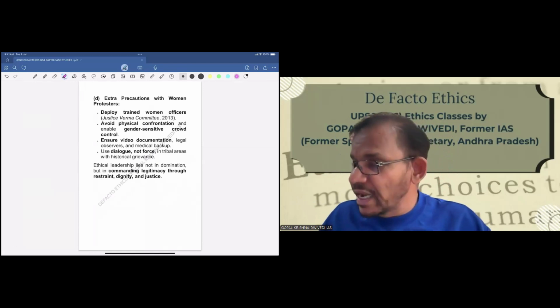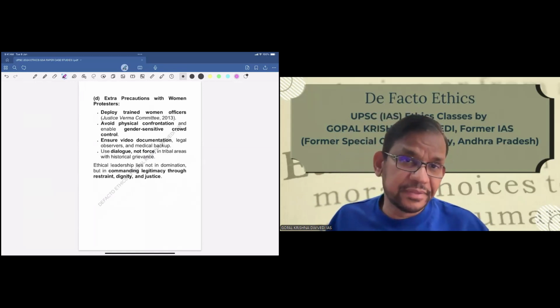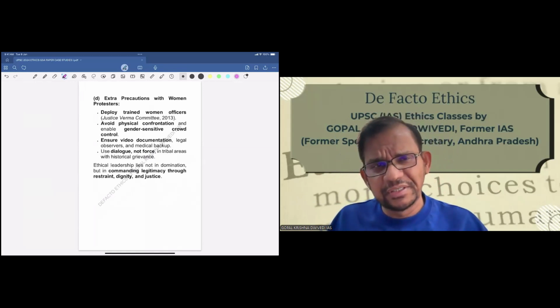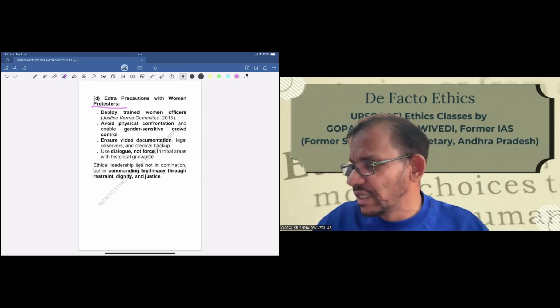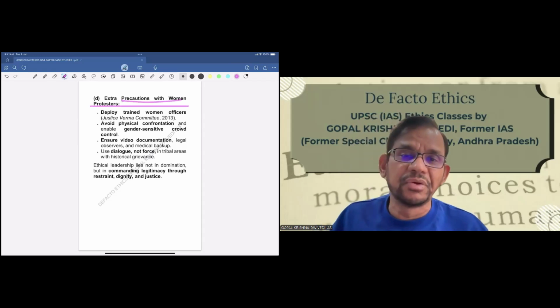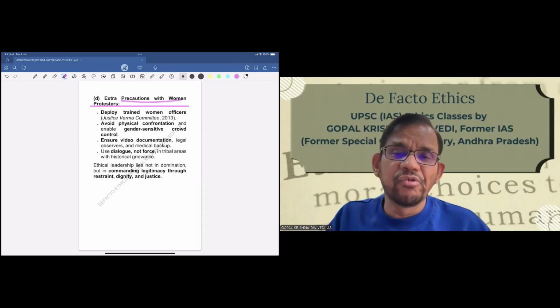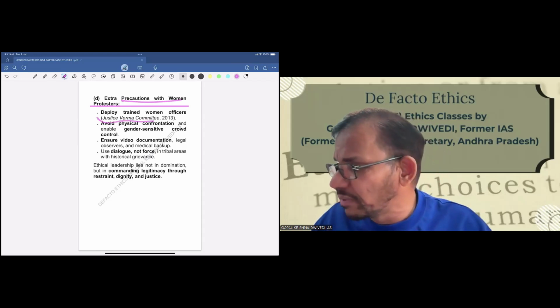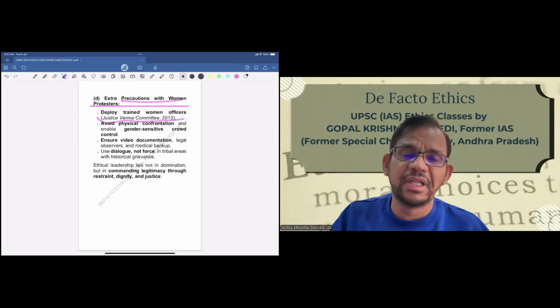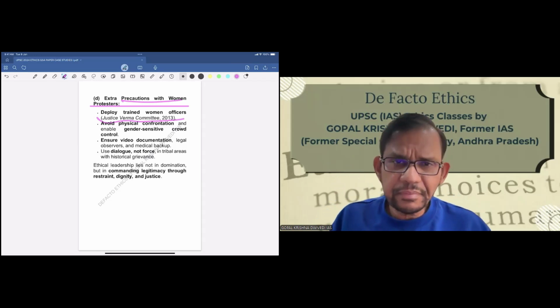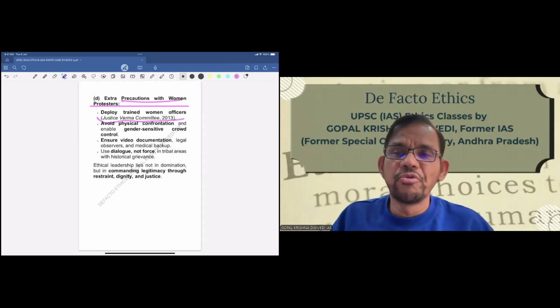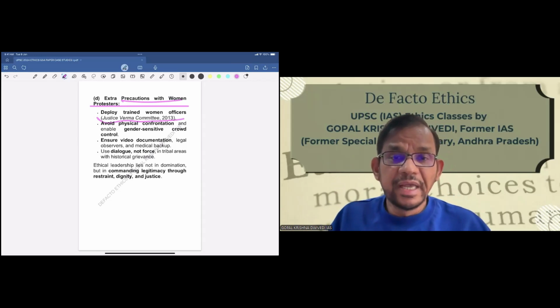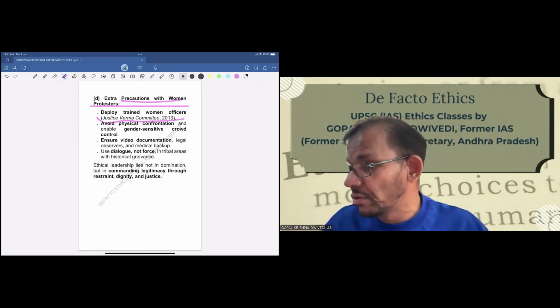Now, what extra precautions one should take with women protesters? Let us see that, because that is part B of the question. Deploy trained women officers. This is one of the recommendations of the Justice Verma Committee, that whenever you are dealing with women, police should deploy women officers. Avoid physical confrontation and enable gender-sensitive crowd control.